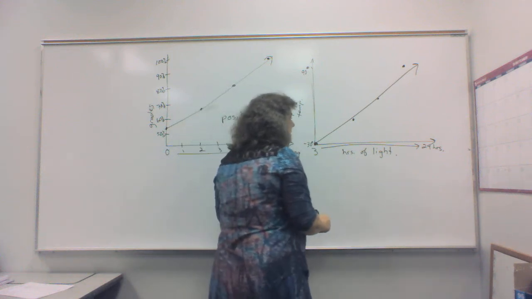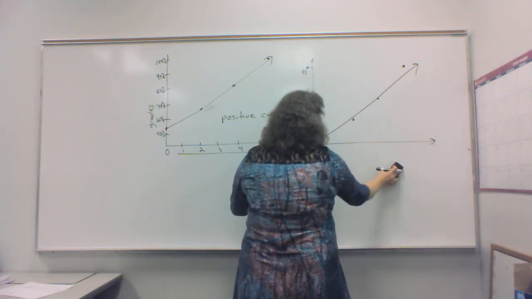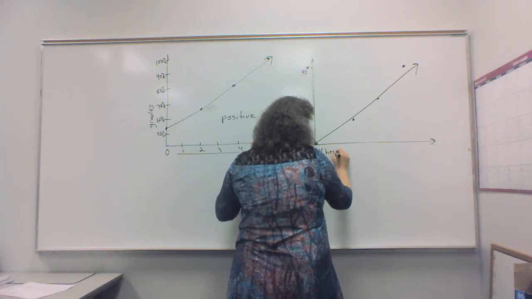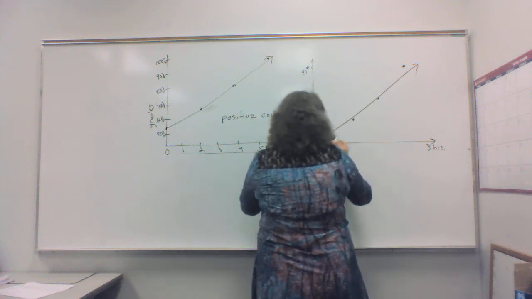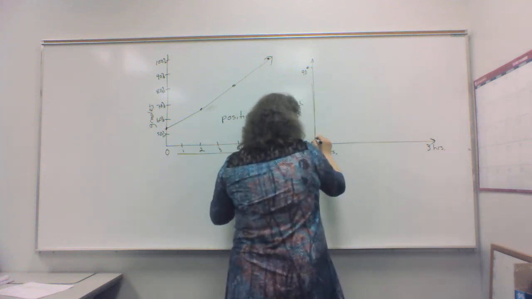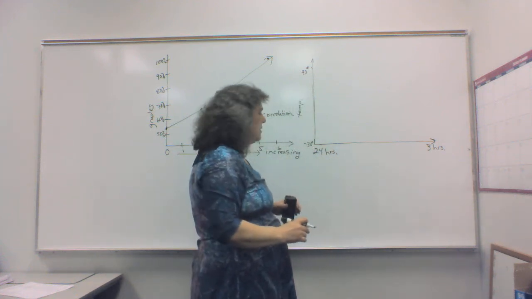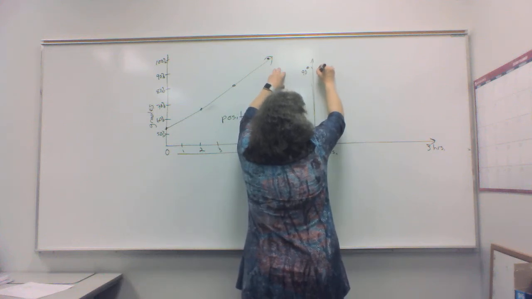But what if we said hours of light decrease? Then what's going to happen? We're going to go from 24 hours to 3 hours of light. Now what's going to happen to my temperature? Well, I changed the direction of my hours, didn't I? So at 24 hours, I'm now up here at 85, 90 degrees.